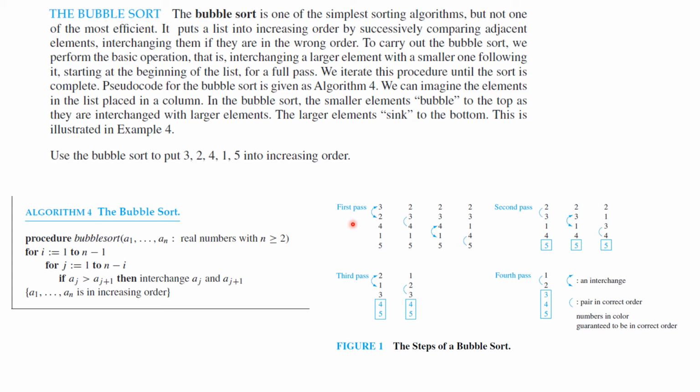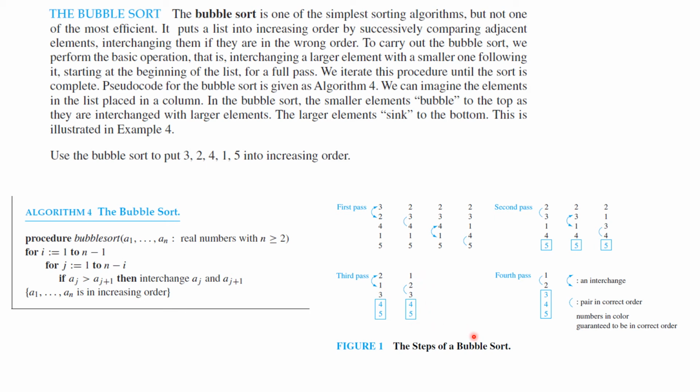But now you see what we've done is we do have the 5 at the bottom. Now we do the second pass. So we start at the top, and we compare. Those are in a good order. We go here, we have to switch them. And if we go down here, we're good, and the 5 is locked in. So we go to the third pass. Here we look at it again. Here we switch that, and by this time we're where we need to go.